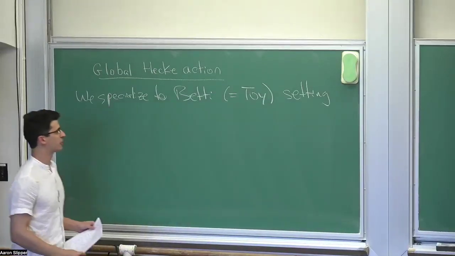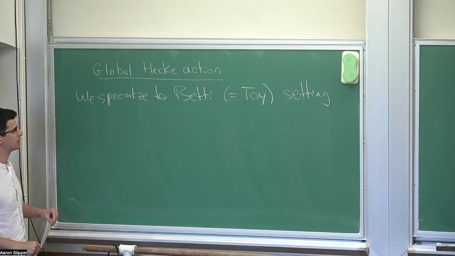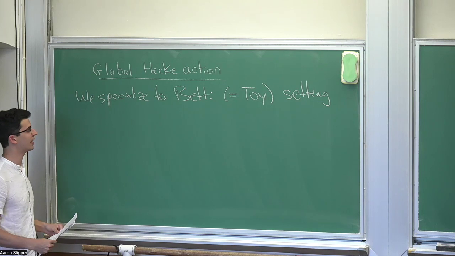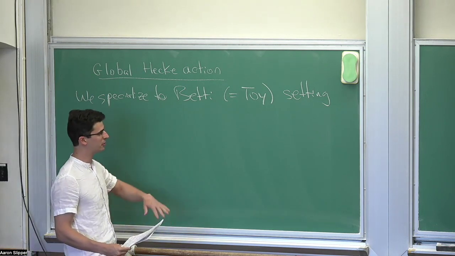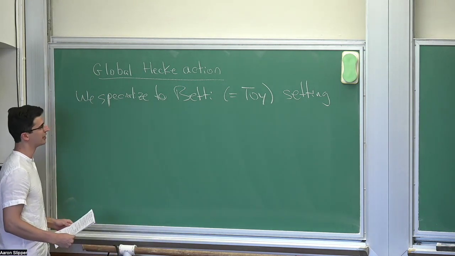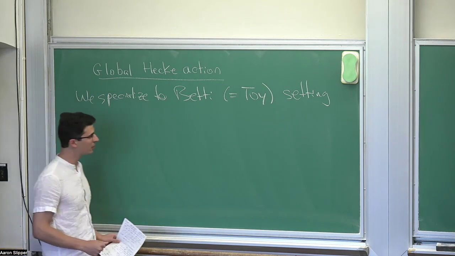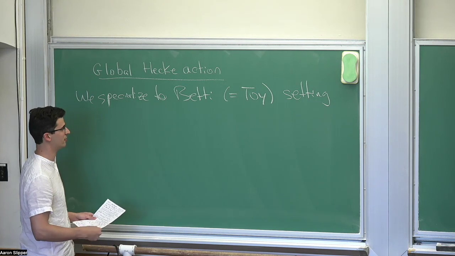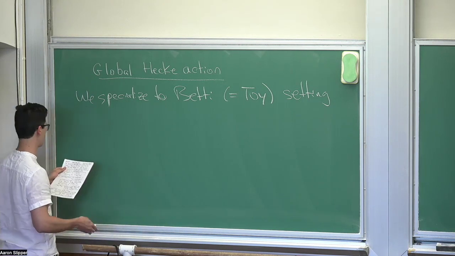Things will be much simpler here, and in particular, the word restricted will not appear until the very end. At the very end, I'll explain how to modify the definitions to generalize from this toy model to the full sheaf theory setting.